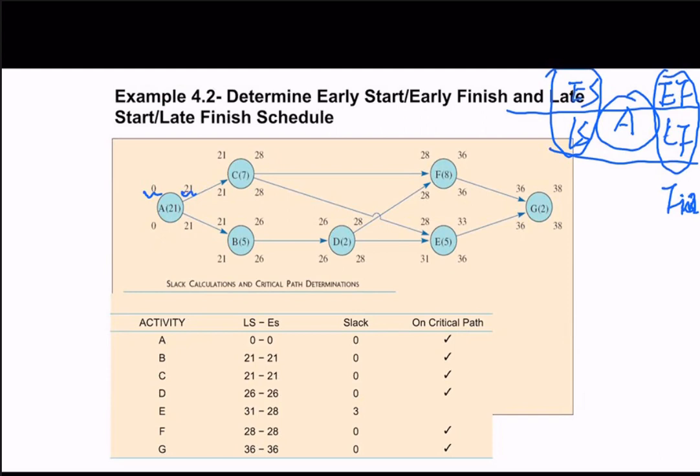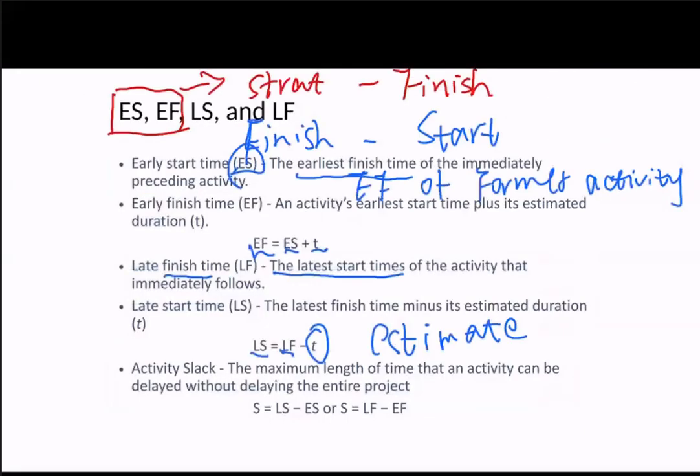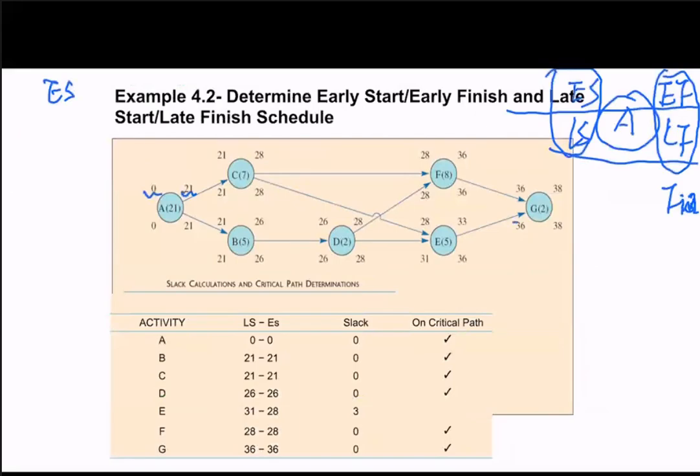So here, back to activity A, we start with the ES, for A to G. For A, the earliest start time is the earliest finish time of a former activity, but A is the beginning, so the earliest start time for A will be 0.